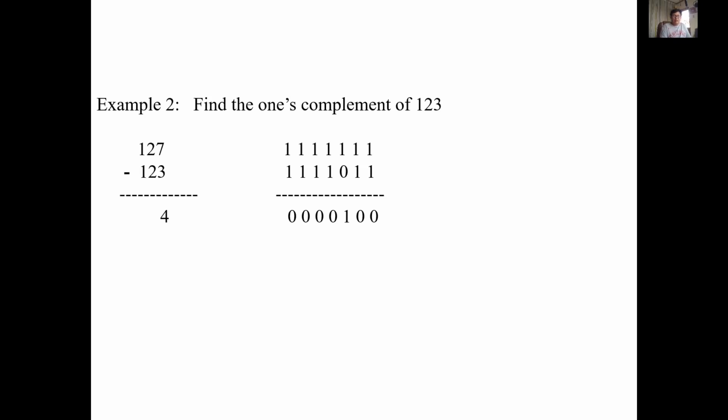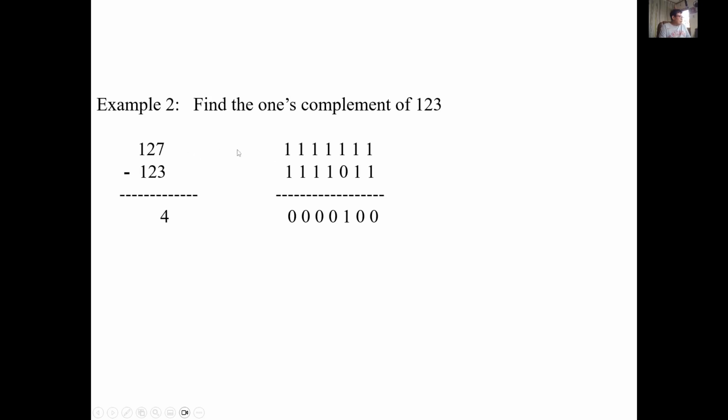Let me find that out: 1, 2, 4, 8. So this is already a 15. Then 16 and 32. Anyway, the ones complement of 123 is the highest value, 127, minus 123. I'm not sure if it's 127, but it's all ones here.